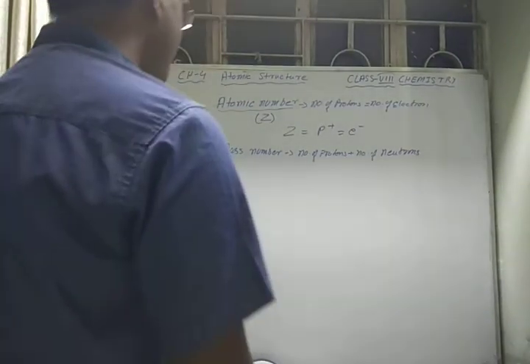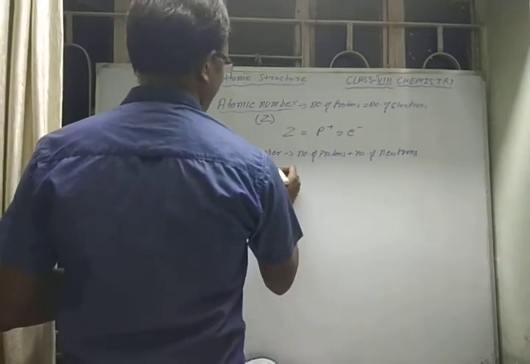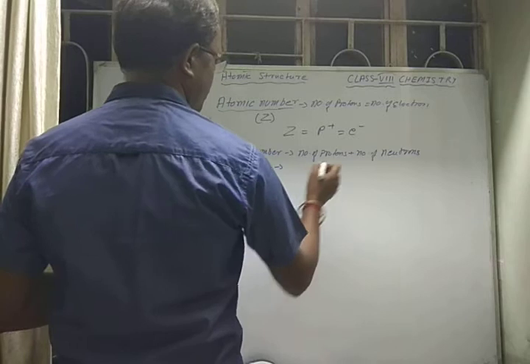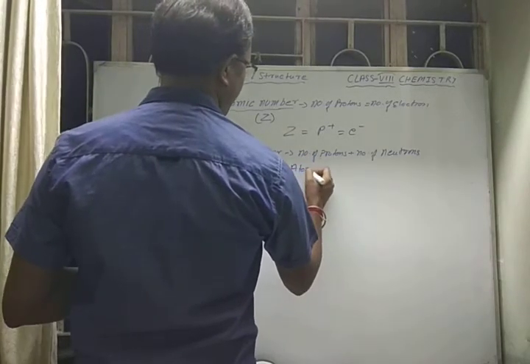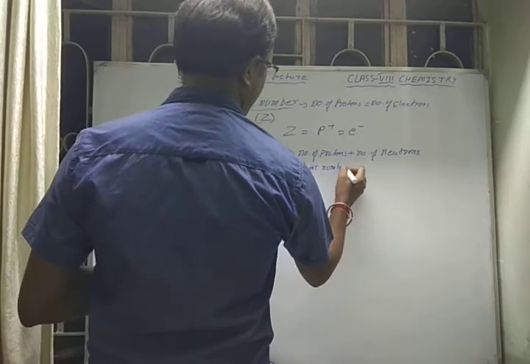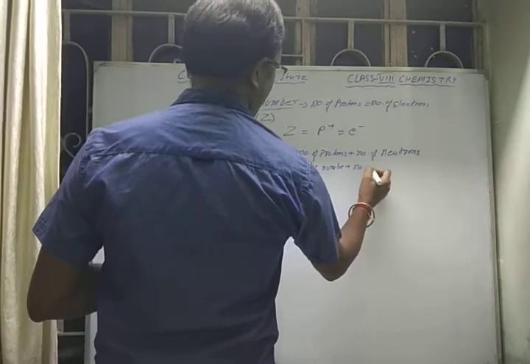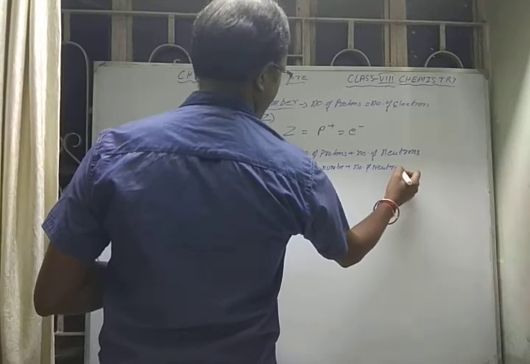It is represented by the letter A. The number of protons is also called the atomic number, so A equals Z plus number of neutrons.